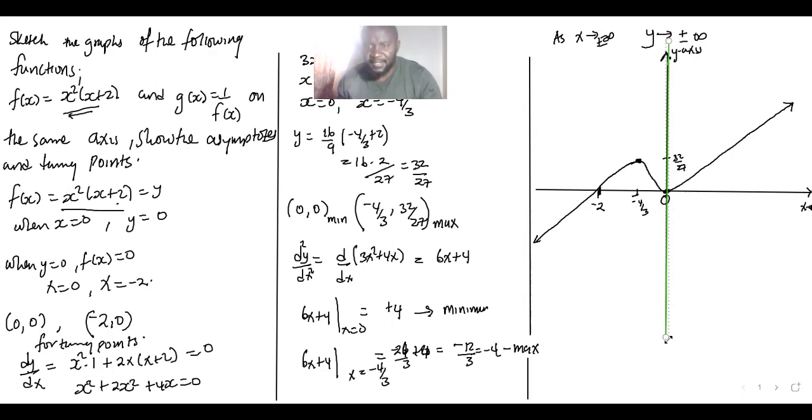And I can extend it and I say, this is my x is equal to 0 to indicate that it's an asymptote. So I can write it down. This is x is equal to 0. The second asymptote was x is equal to negative 2. Let me use green for all the asymptotes. X is equal to negative 2 is right here. X is equal to negative 2 is an asymptote.